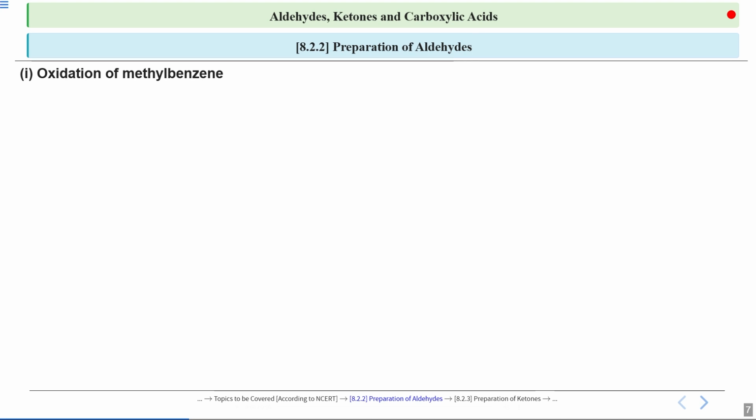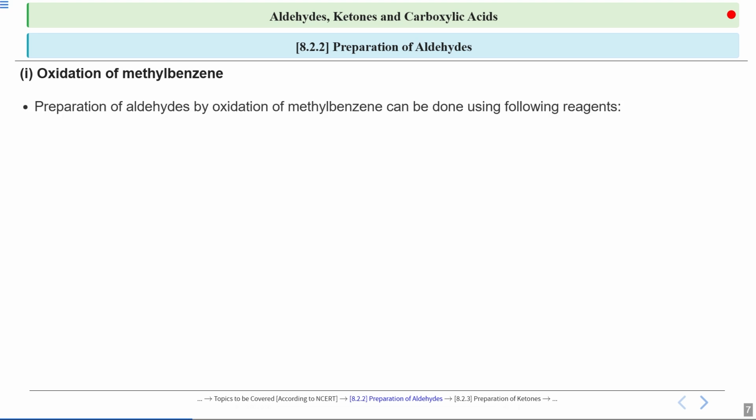This process involves adding oxygen to methyl benzene and transforming it into an aldehyde. Now this can be done using the following reagents. First one is chromyl chloride, that is CrO2Cl2. What is the nature of this reagent? It is an oxidizing agent, meaning that it helps add oxygen to methyl benzene.